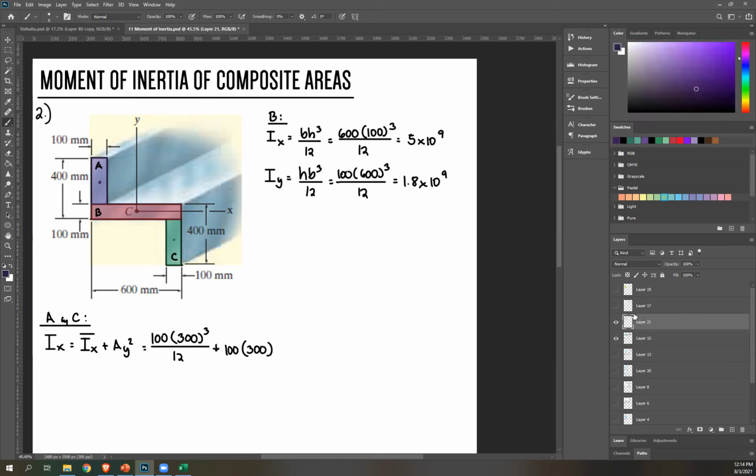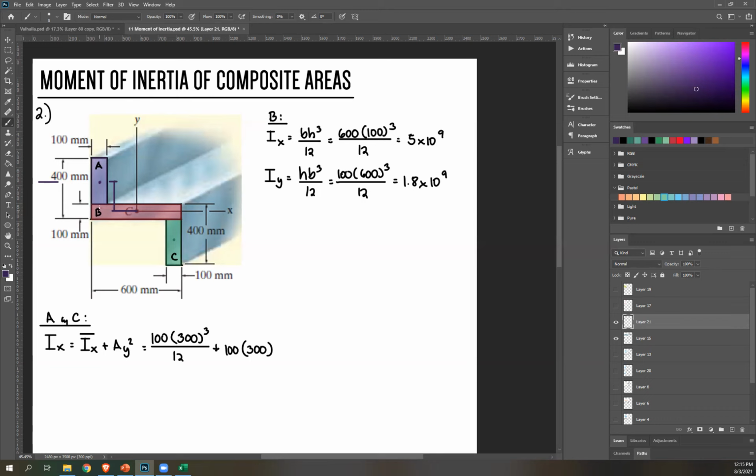So let's see. So this is your centroid. You want to get distance from this point. So to get that, again, considering total length of 400, this is what we need. Yeah, this length. So 400, I'm going to subtract this, which is half the height of your block B. And total height is 100, half of that is 50.